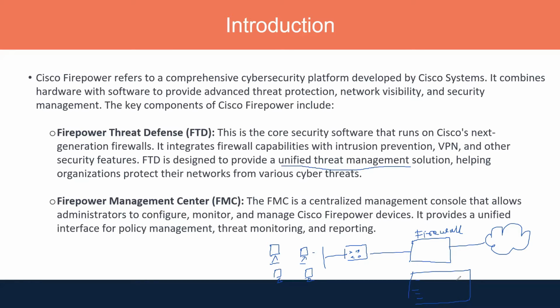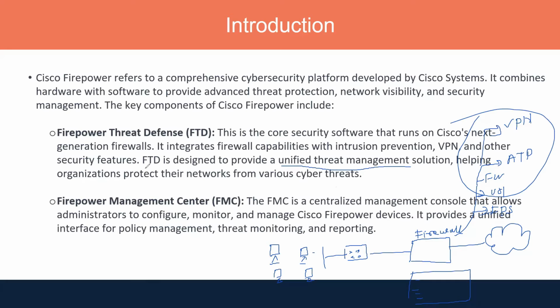It is a single device on which you can have firewall capability, URL filtering, IPS (intrusion prevention), advanced threat protection (ATP), or VPN capability. A single device can provide multiple things, so it is known as a unified threat management solution.